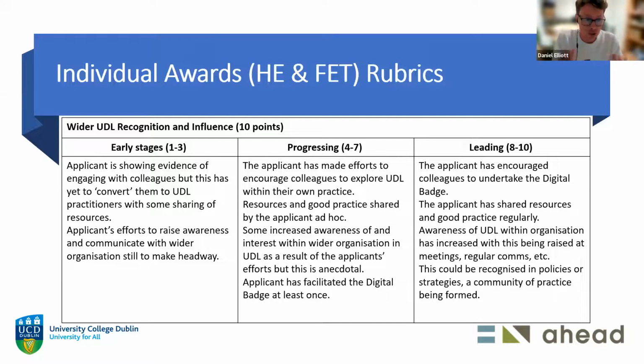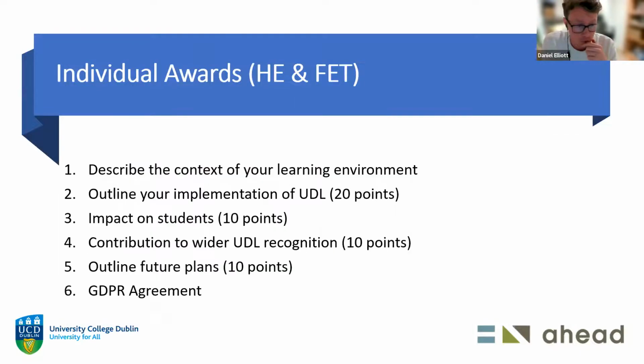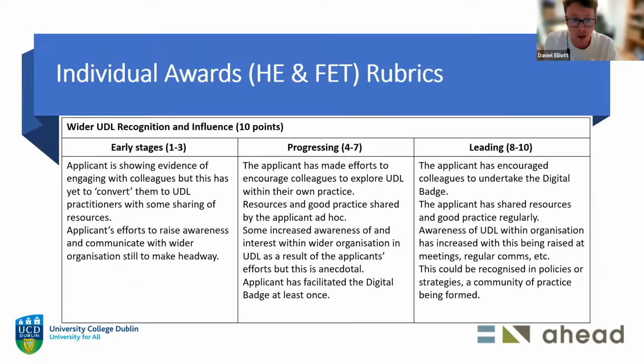That is just one of the tables within the rubrics for the individual awards. It will give you an idea of how the reviewers will be scoring the application, and that's for number 4 there, the contribution to wider UGL recognition.